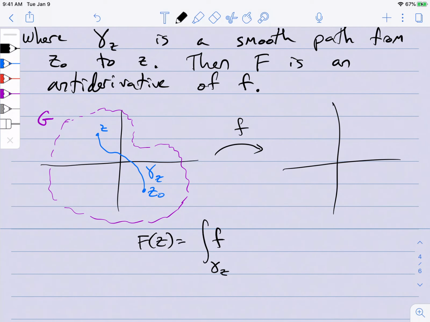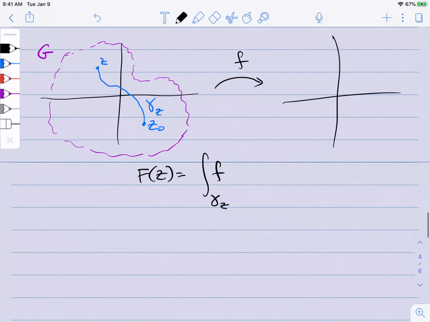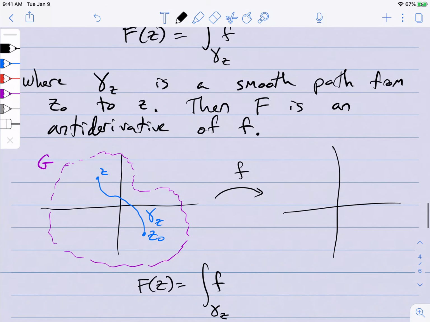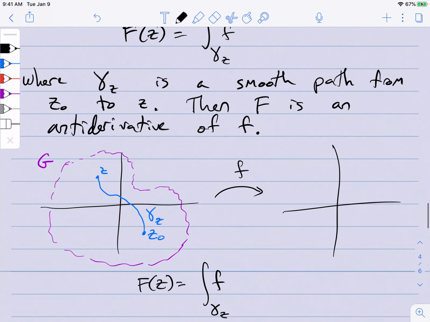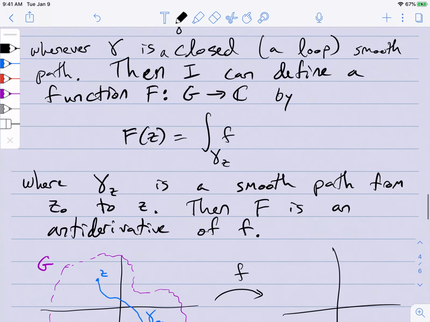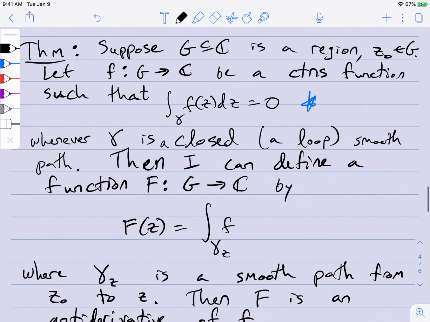Okay. So the thing you need to check, the thing that should worry you right away, is: is this function capital F even well defined? The reason it is going to be well defined is because of this condition that integrating over any loop is going to be 0.